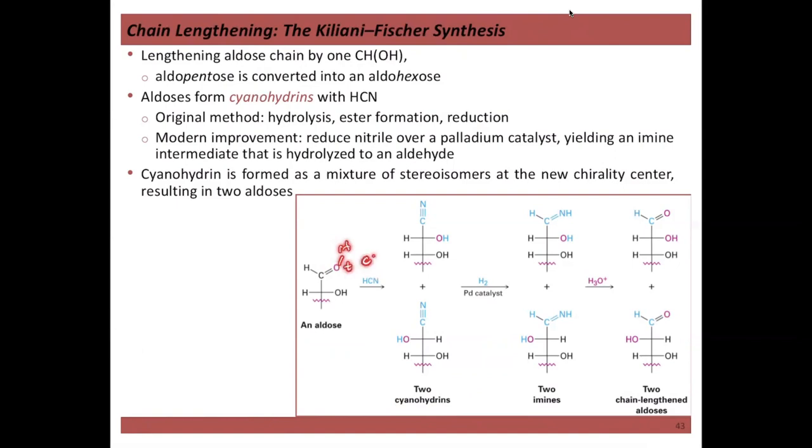And when the carbonyl is activated, that allows the nitrile to come in and attack. And this carbon right there is the same as that carbonyl. And so we end up with these cyanohydrins. The nitrile can attack either the top or the bottom, so we end up with two epimers here, where the OH in this case could be off to the right, or on the case below, off to the left.